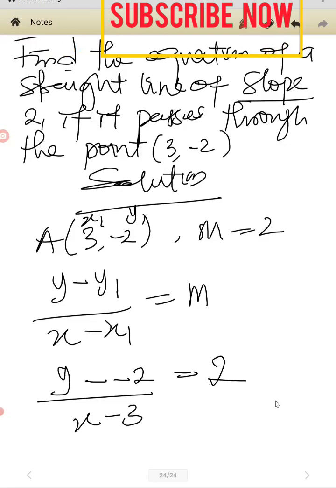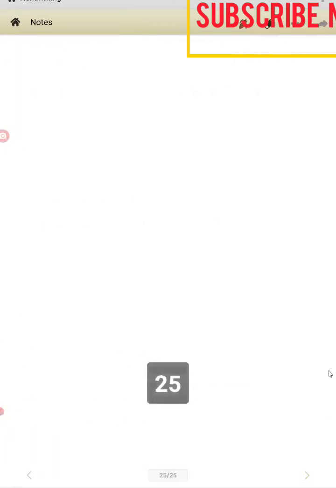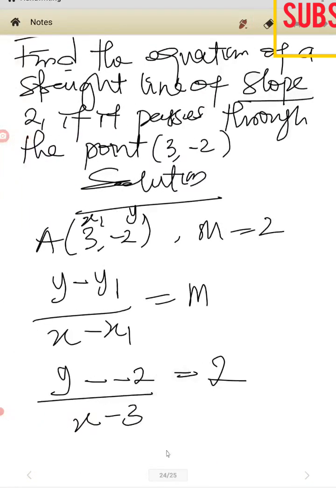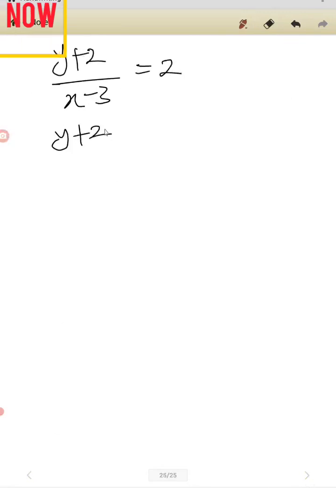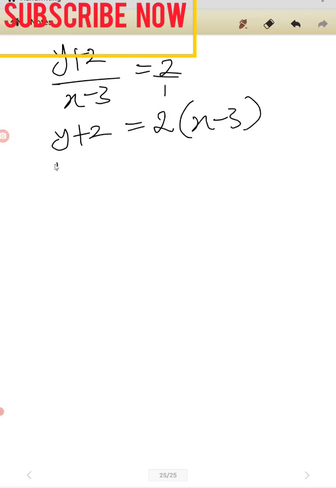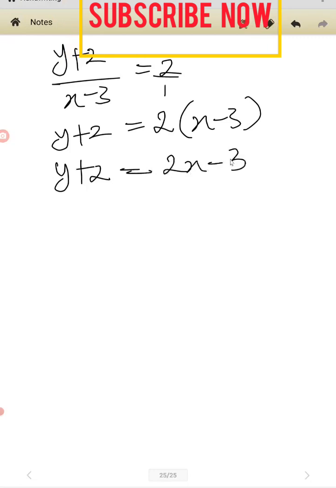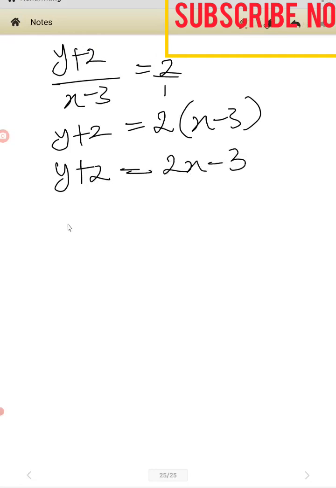So, continuing, y plus 2 over x minus 3 is equal to 2. So y plus 2 is equal to, you cross multiply, 2 times (x minus 3). So we try to collect the like terms.